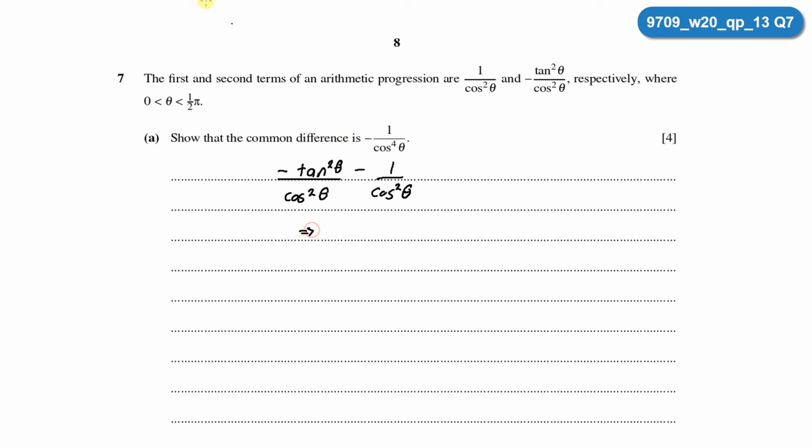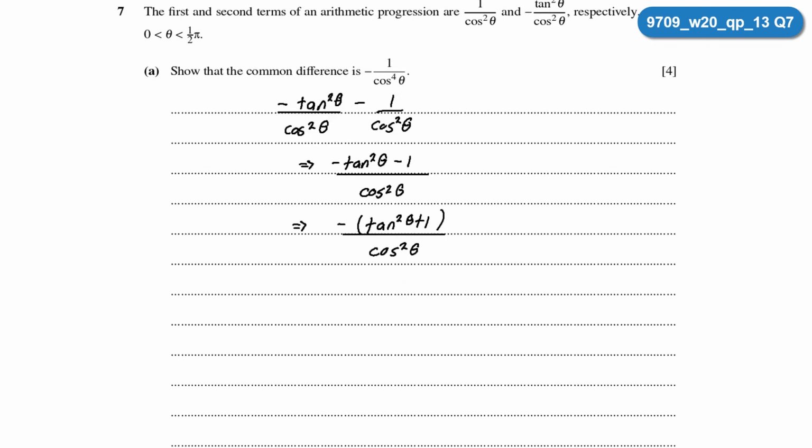I have a common denominator, cos squared theta, and at the top I'll have minus tan squared theta minus 1. And this is the same as minus of tan squared theta plus 1, all over cos squared theta.